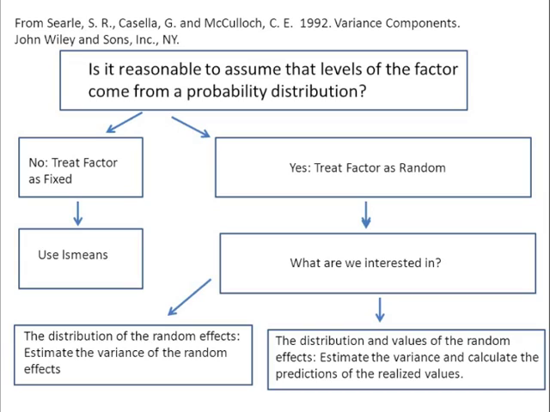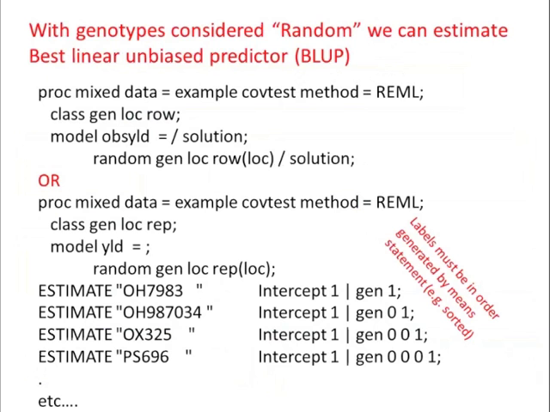This schematic, by the way, is directly from a classic textbook on variance components, and the reference is there for you. If we consider the genotypes to be random, we need to estimate our traits based on a best linear unbiased predictor. We can get estimated BLUPs from the PROC MIXED procedure of SAS very efficiently. There are 2 different ways of doing it shown here. The output of these 2 ways is slightly different, but you can get what you want.